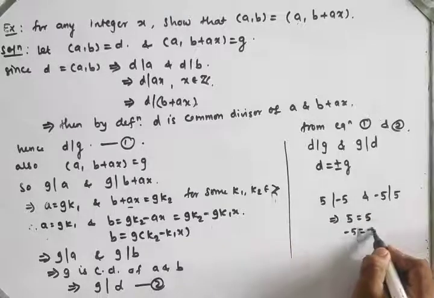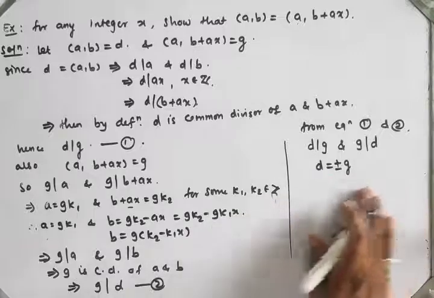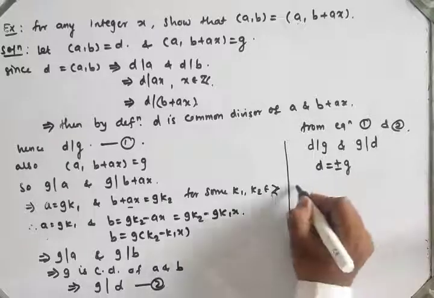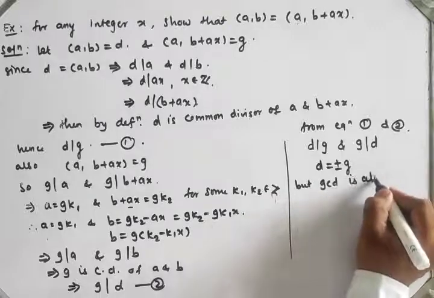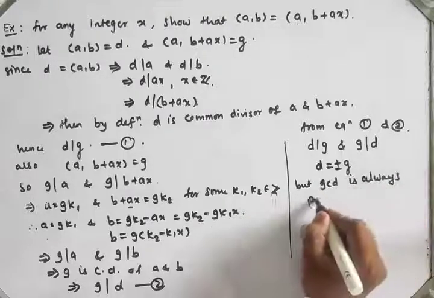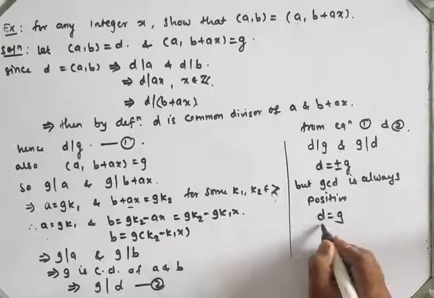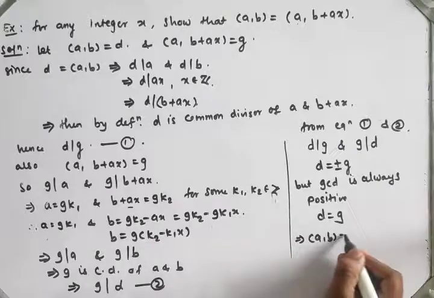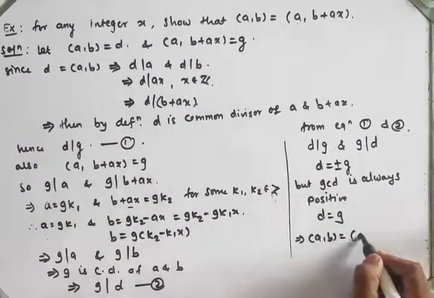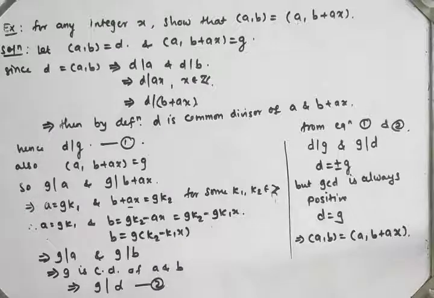So d is equal to plus or minus g, but GCD is always positive, so d is equal to g, and d is GCD of a and b. That implies GCD of a and b is the same as GCD of a and b plus ax. Hence the proof.